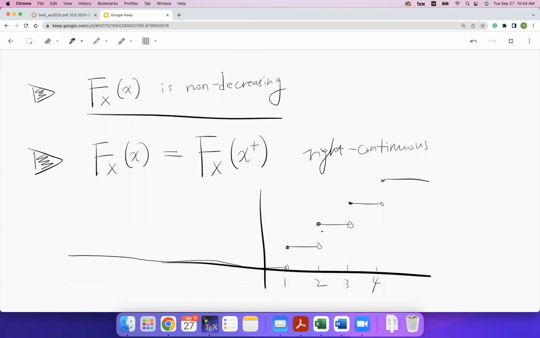And sometimes it has an instant jump, so it is actually increasing at those jump points. And lastly, it is right continuous. So this is an example where the CDF is not continuous, but it is right continuous. When we approach these points from the right-hand side, we always have continuity. But here, it is not left continuous.